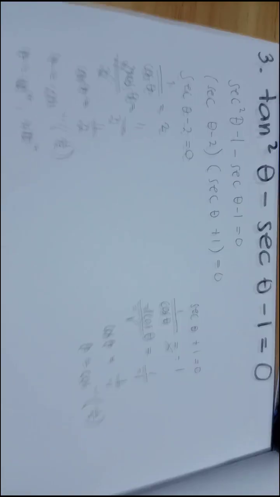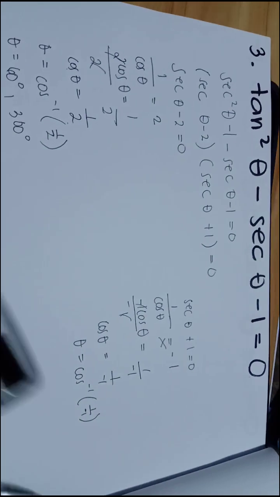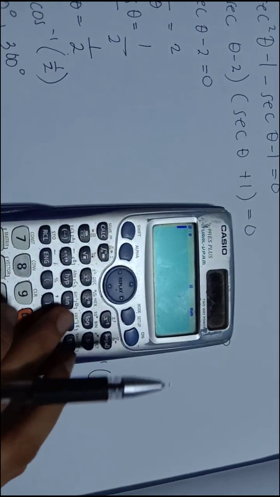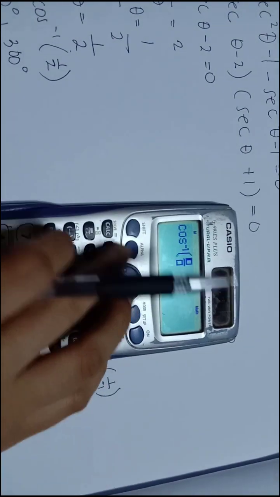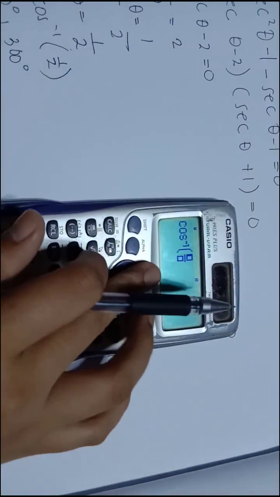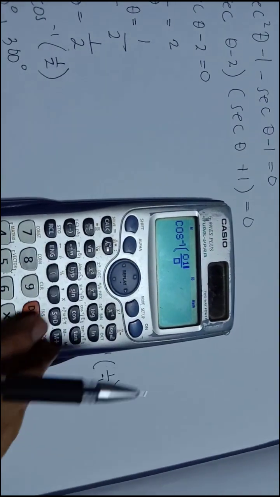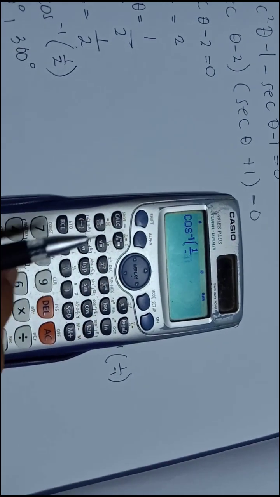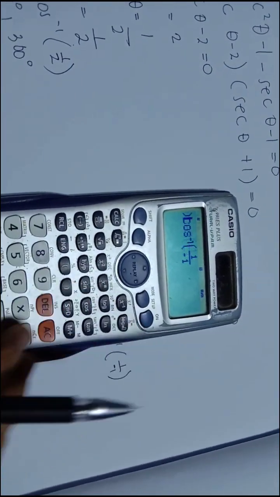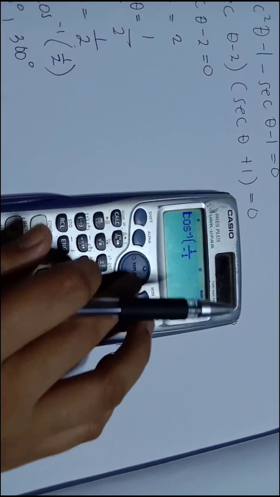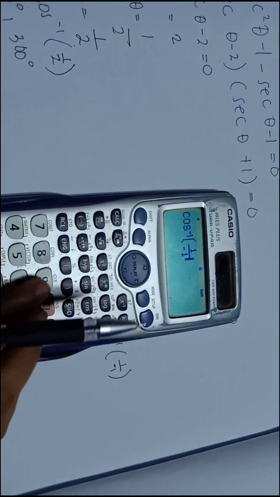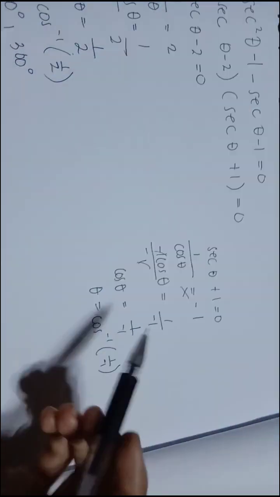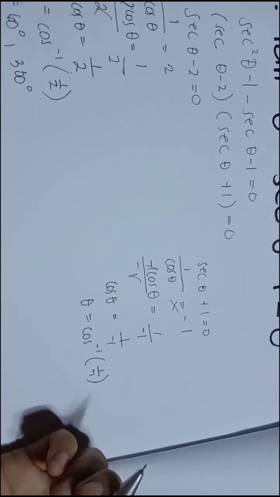Using the calculator, we get the value of our theta. So just press shift, then cosine, then put the value. So the answer is equal to what? 180 degrees.